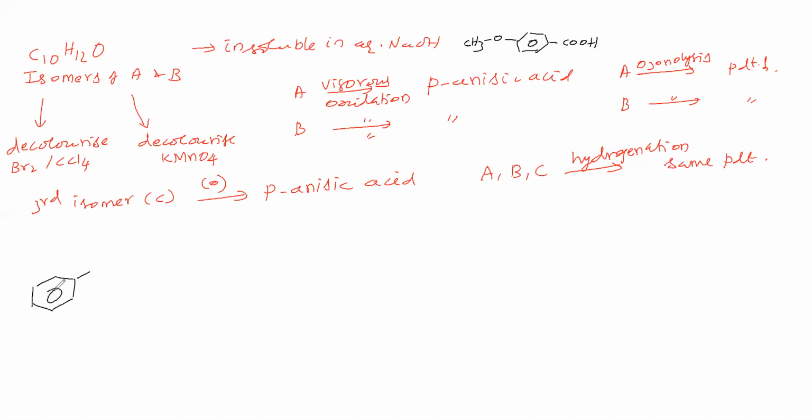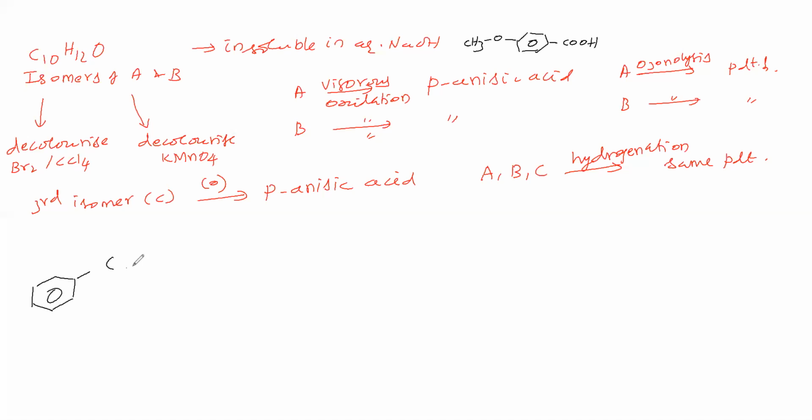These delocalized pi bonds do not go for addition reaction normally; only under drastic conditions is addition possible. Therefore benzene pi bonds do not decolorize bromine in CCl4. Therefore this isomer confirmedly has a C double bond C present.